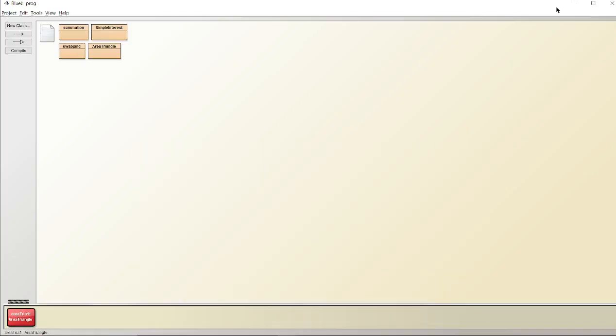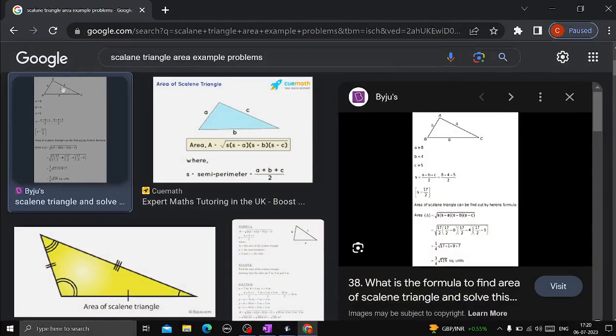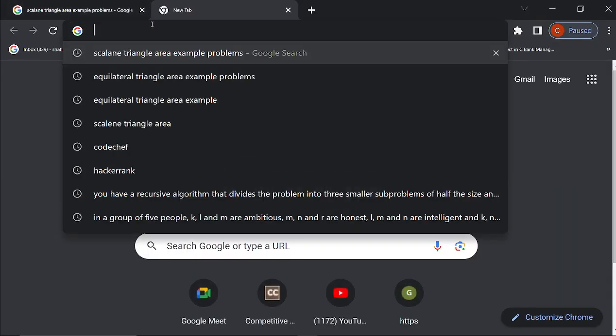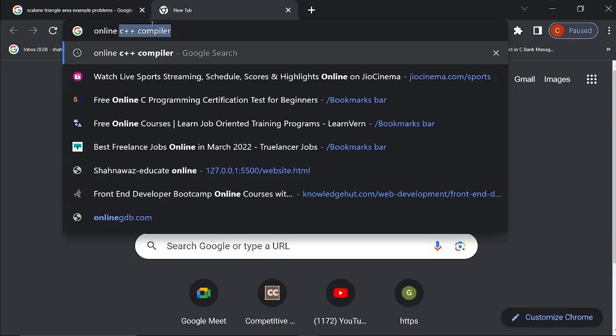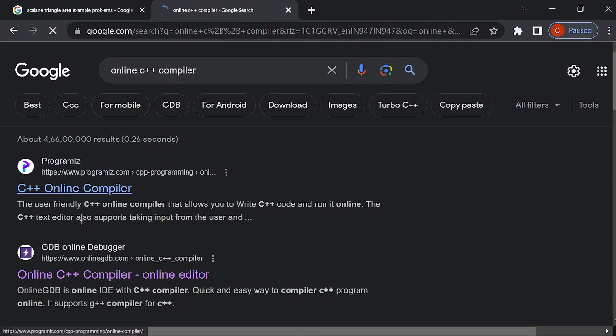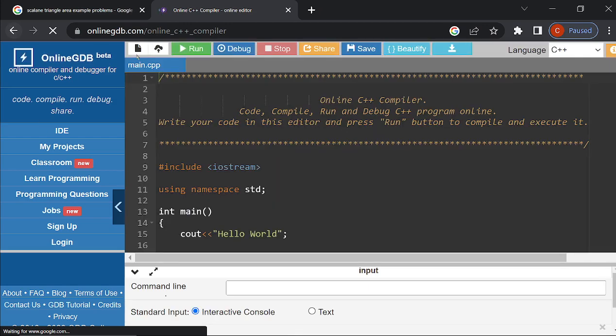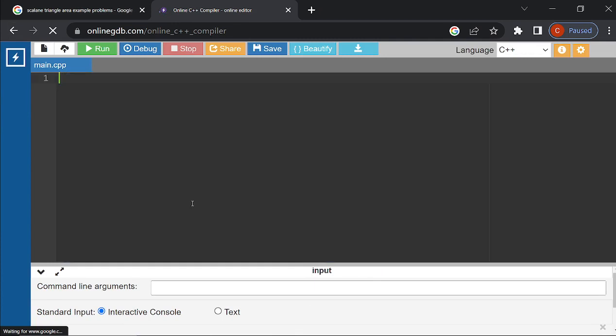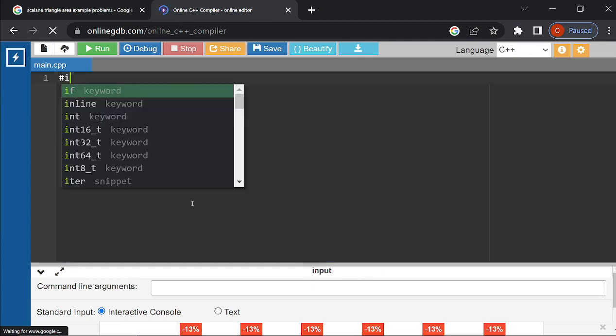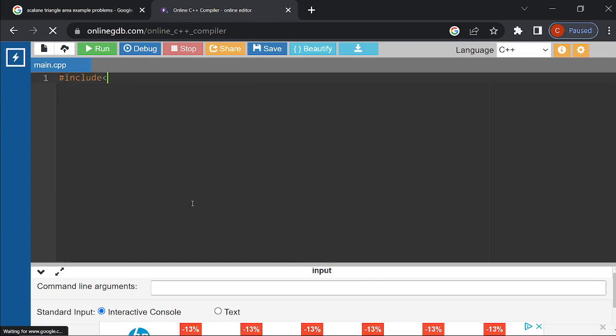All right. So let us apply the same logic in an online compiler. We will be using the GDB online debugger. It is a very good one. Now we just remove all this. You know these steps.